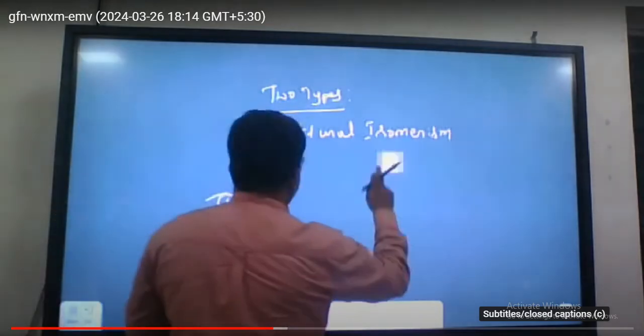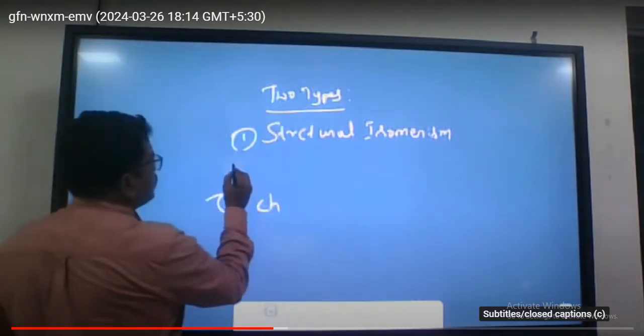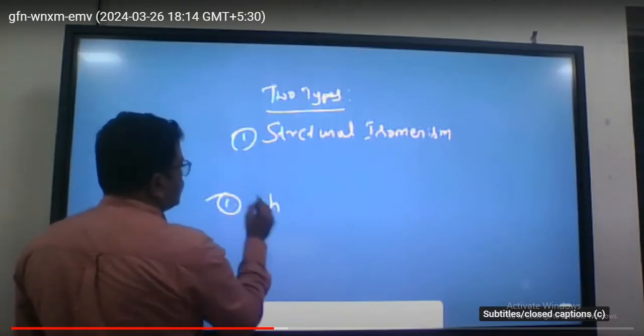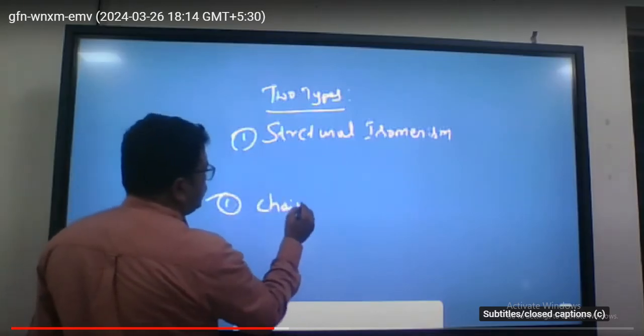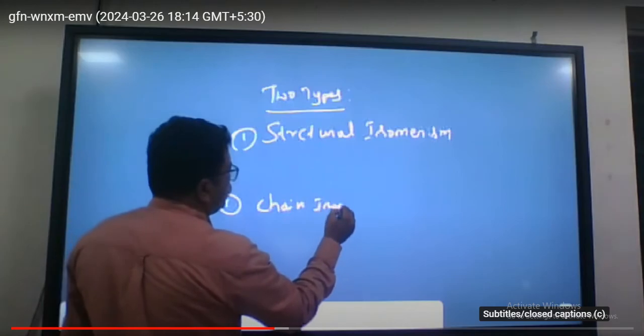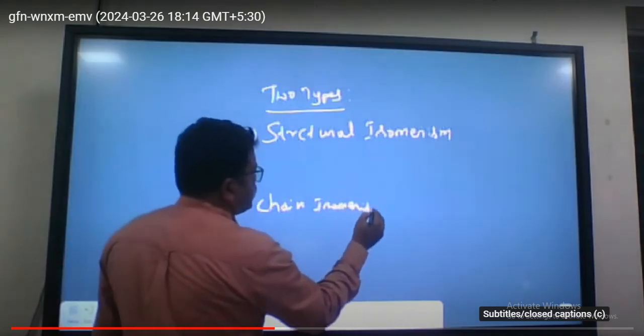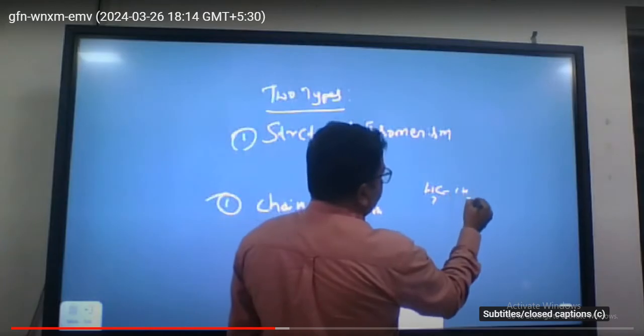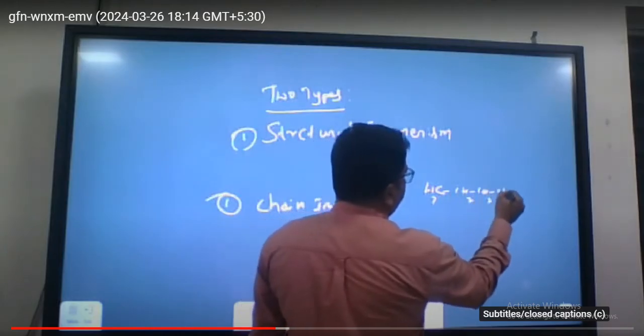Let me take the first type, structural isomerism, chain isomerism. Chain isomerism, for example, look. This is CH3, CH2, CH2, CH3, butane.